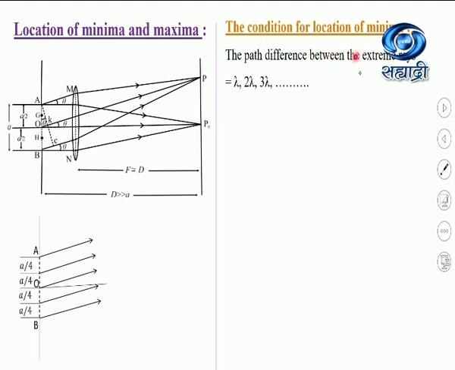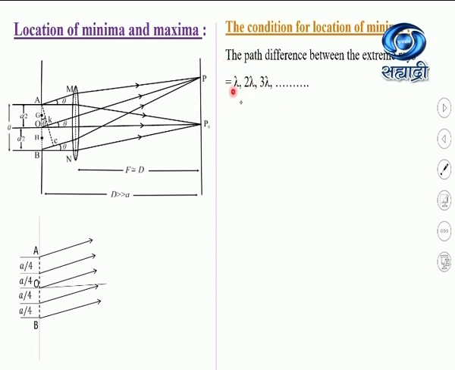The path difference between the extreme rays for the location of minima is equal to either lambda or 2 lambda or 3 lambda and so on. So when the path difference is lambda, we get the point P as the dark point. Now we take the second case where the path difference between the extreme rays is 2 lambda.